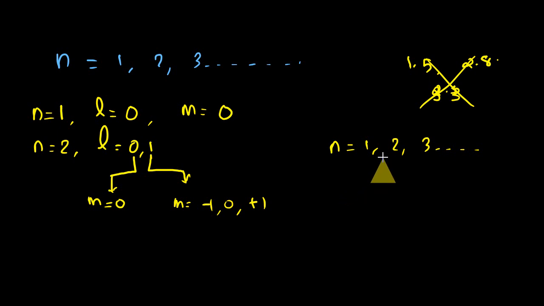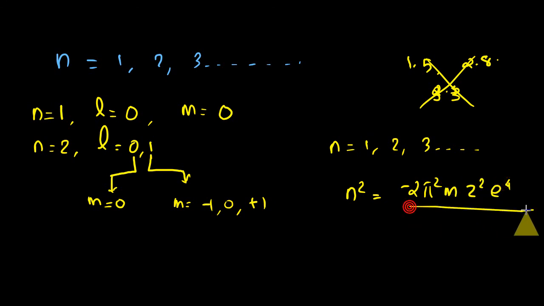Its values are restricted like 1, 2, 3, etc. Okay. And here we have to remember when we introduced the n, right? We introduced the n as a natural constant. For example, when we were solving the R equation, we put n square is equal to minus 2 pi square m z square e raised to 4 divided by 4 pi epsilon 0 square h square e.